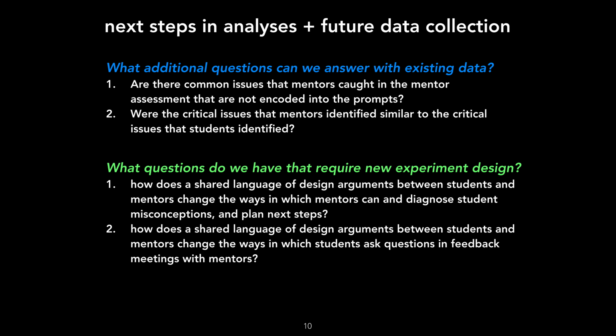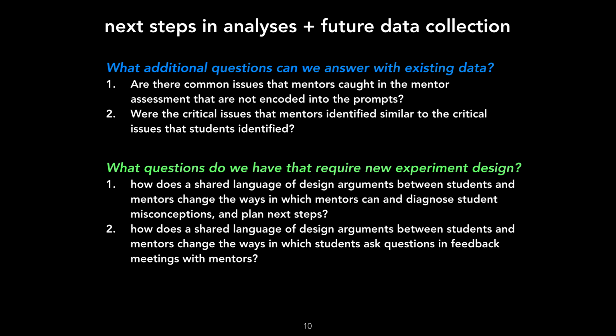In terms of questions that we would really like to see answers to, but might require new experiment design or additional data collection, one thing I'm really curious about is how this shared language of design arguments between a student and mentor, creating the shared representation, changes the ways in which mentors can diagnose misconceptions and help students plan next steps.